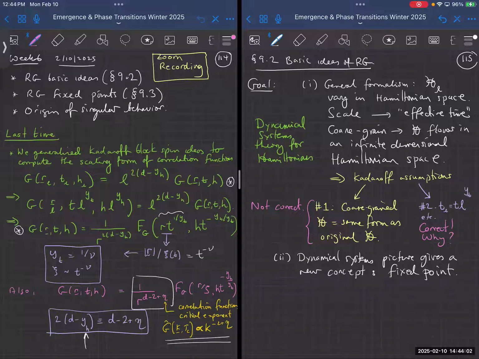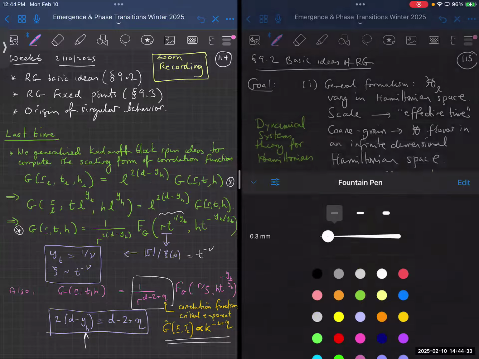So in dynamical systems theory, you have a flow in some phase space of a dynamical system described by, say, Liouville's equation, which is equivalent to Hamilton's equation of motion. And the system will keep going until eventually it will hit some fixed point. Okay, it might never hit a fixed point. It might just be chaotic, but sometimes it'll hit some fixed point. And we're going to see that in the renormalization group, there are fixed points, and those fixed points have a physical significance.